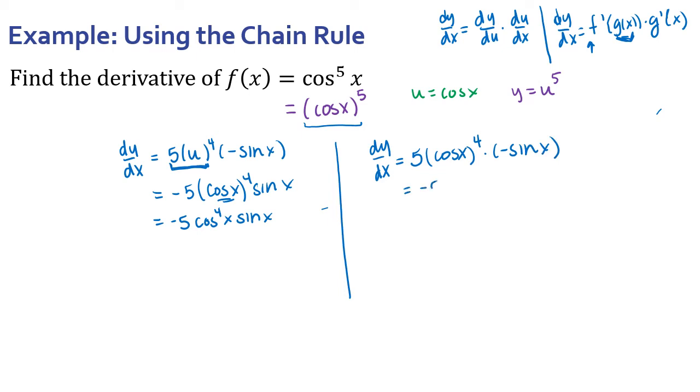So that's where that negative 5 cosine to the fourth x sine x comes from. So again, here's our inside, here's our outside. If I take the derivative of the outside function, that's going to be 5 something to the fourth power. So that something is the inside times the derivative of the inside.